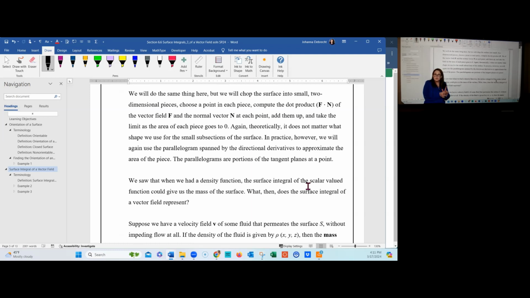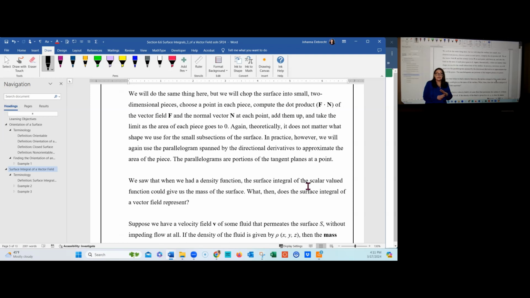We're going to have to compute the normal vector at a point on that tiny piece. And then once we've found all of F dot n for all the little pieces on the surface, we're going to add them together and take the limit as the area of each piece goes to 0.